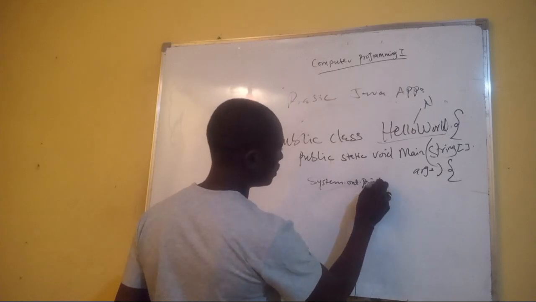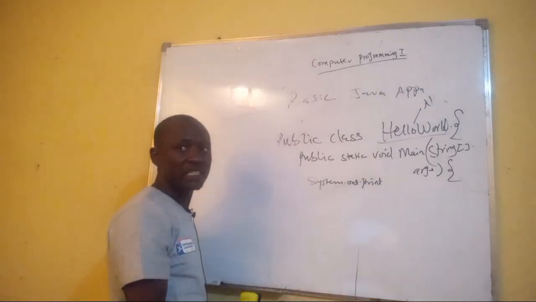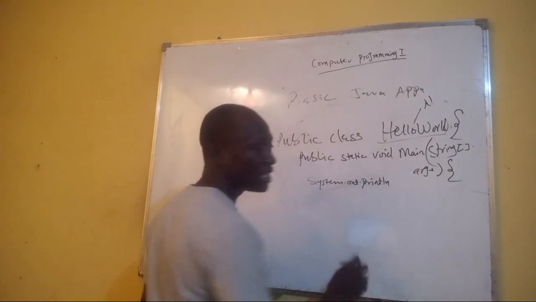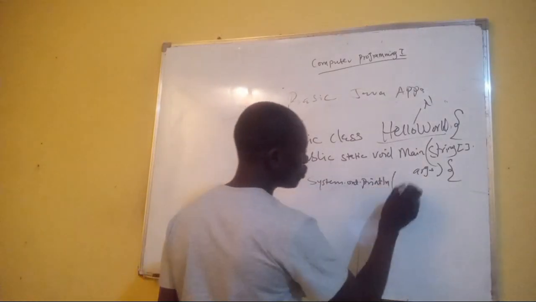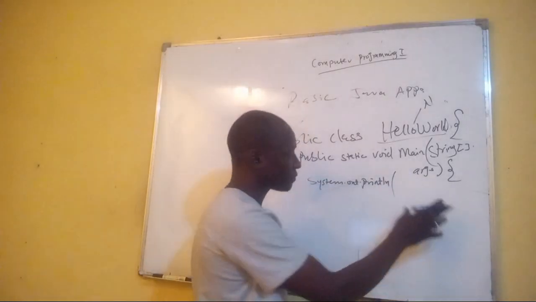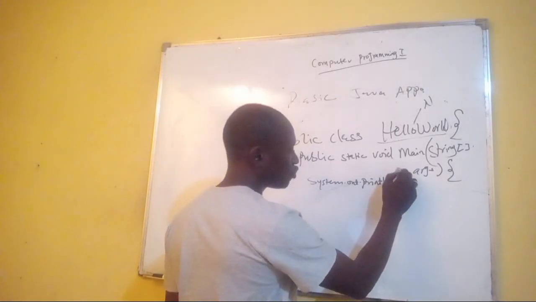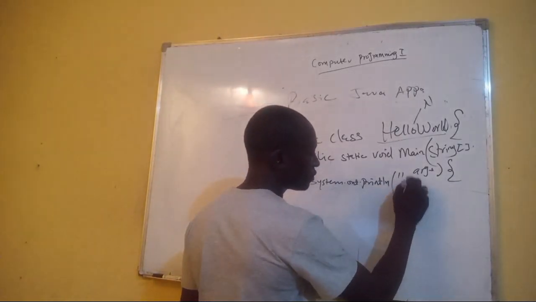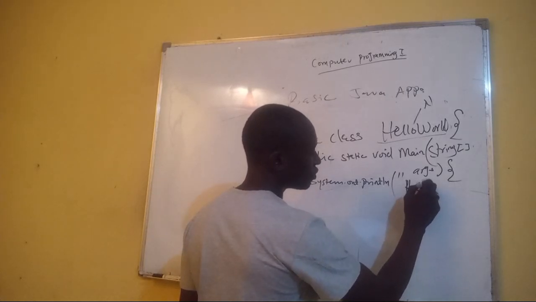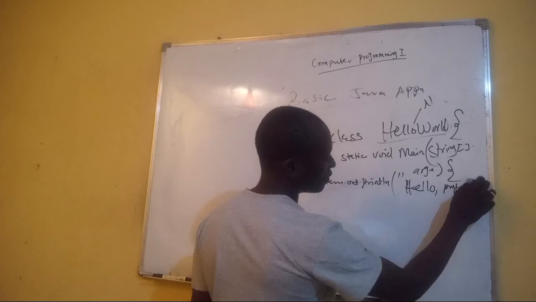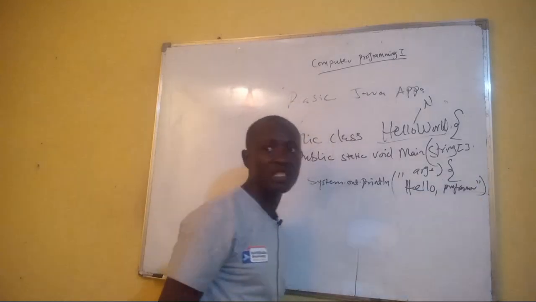Are you going to the next line after you print, or you're going to stay on the same line? We are going to move to the next line after we print. So you now write a string. Whatever is going to be contained here is going to be in a string. So you need to put double quote, hello programmer, or double quote. You close this.